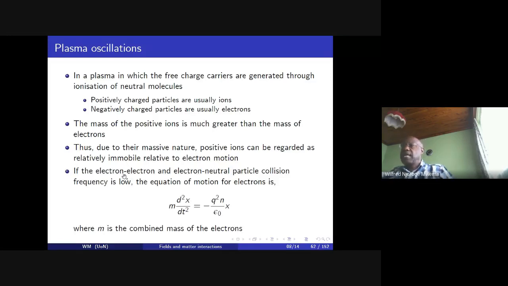And if the electron and electron-neutral particle collision frequency is low, then the equation of motion for electrons is given by Newton's second law, that is m times acceleration, equal to the electric field force that is acting on those particles.